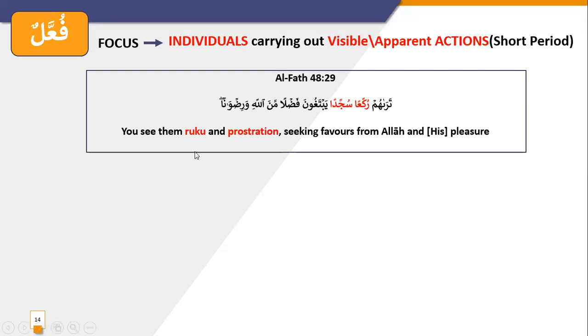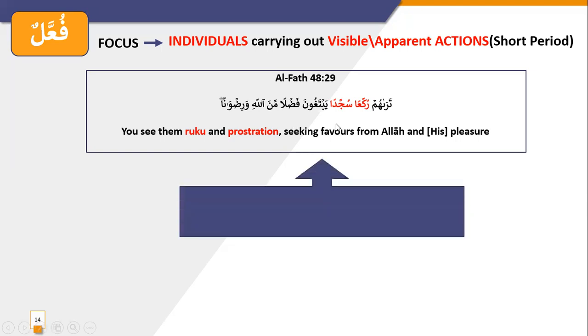So these people, ruku and prostration. It's something very apparent, and it's something that does not take very long. So rukka'an and sujjadan are on the pattern of fu'alun, because ruku and prostration are physical actions. They are apparent, and they span a short period of time. So this is what this pattern signifies.